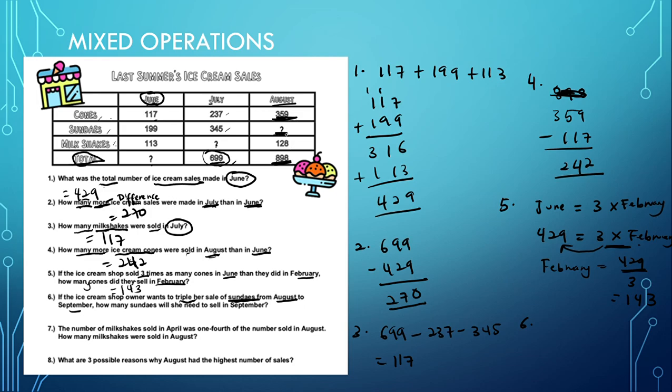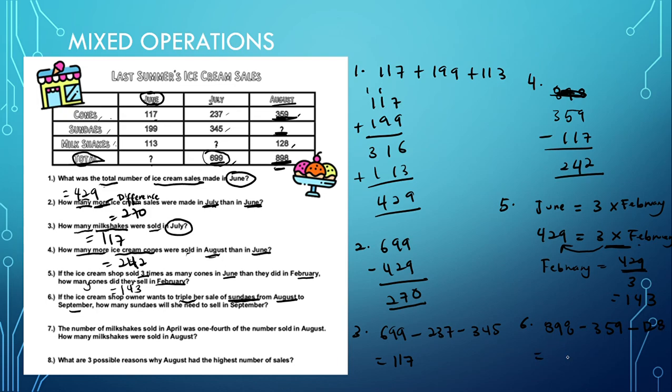How do we find out? Because we already have the total. We already have the cones and the milkshakes, so we can find the sundaes. How? Total means that it's all the total. So if we need to find the sundaes only, we can just minus the total 898 with the cones 359 minus 128.